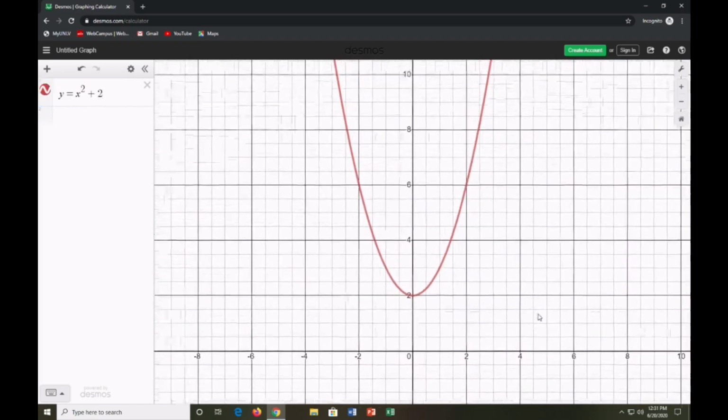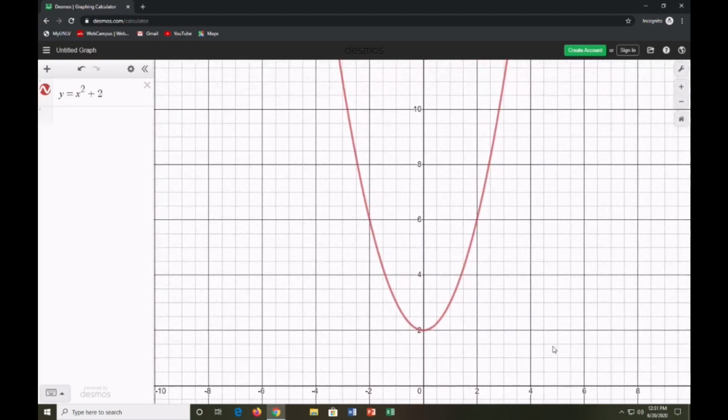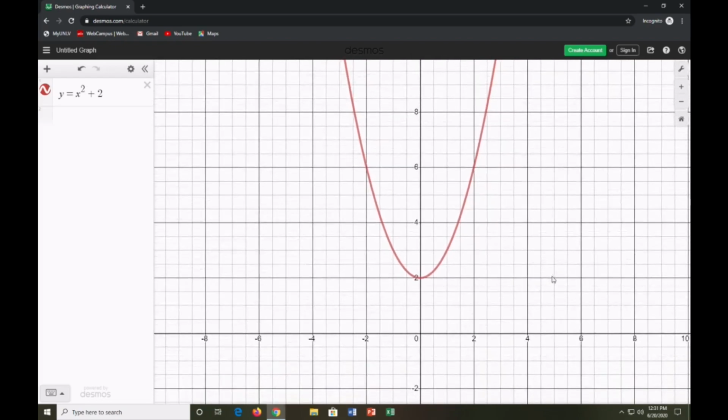Okay, so this is clearly symmetric with respect to the y-axis, right? But definitely not symmetric with respect to the x-axis, right? It doesn't even touch the x-axis.